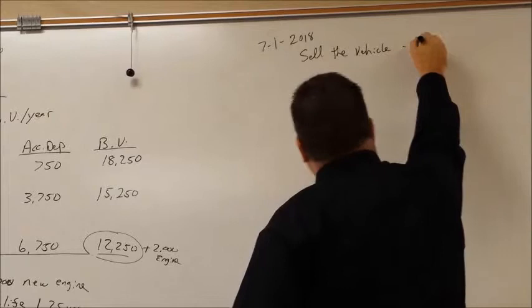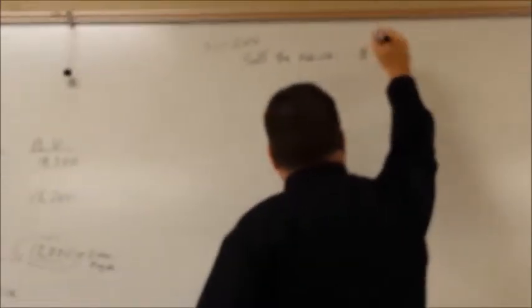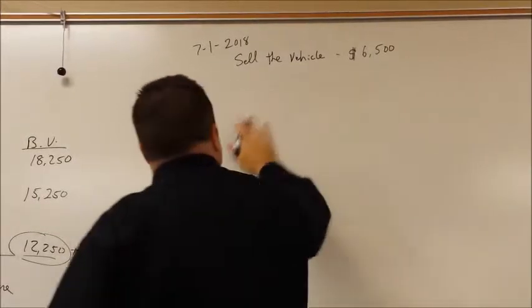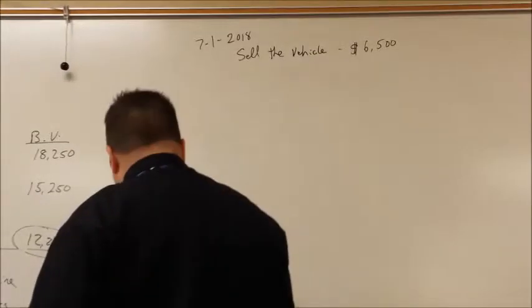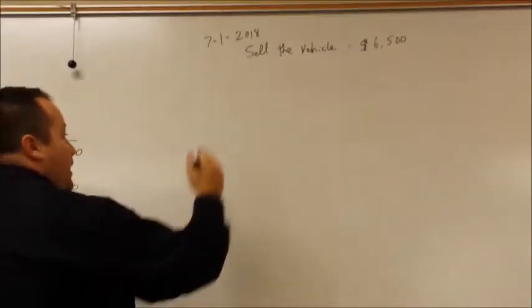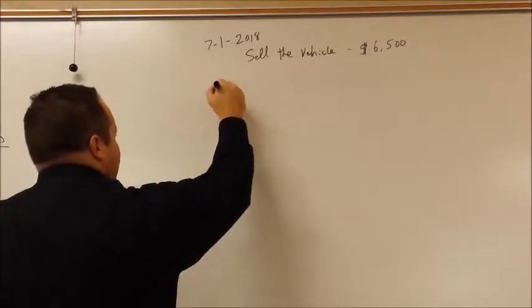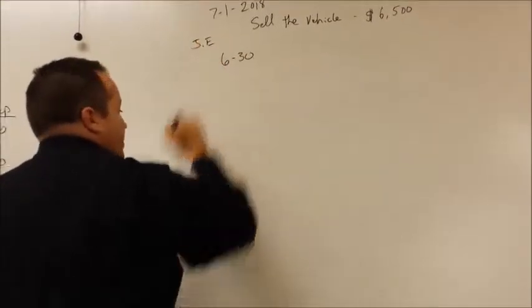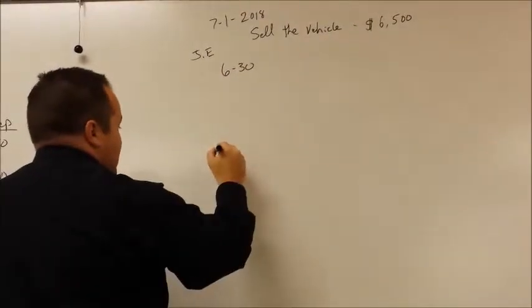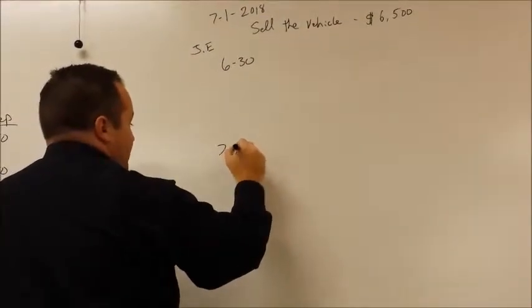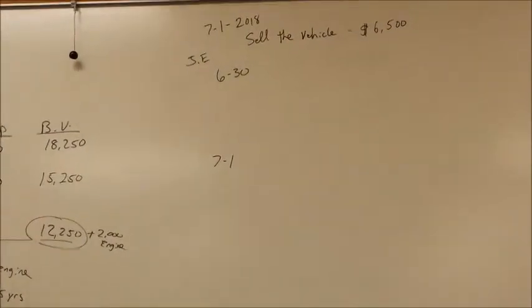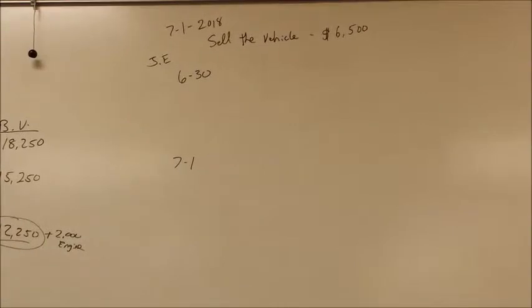And we sold it for $6,500. I want us to be able to prepare the journal entry for 6/30 and for 7/1 to show the selling of my vehicle.